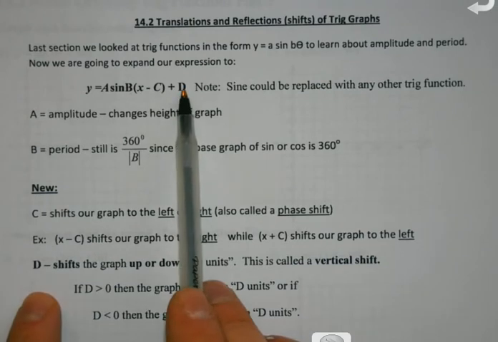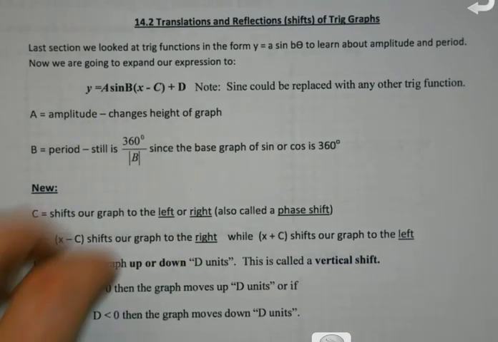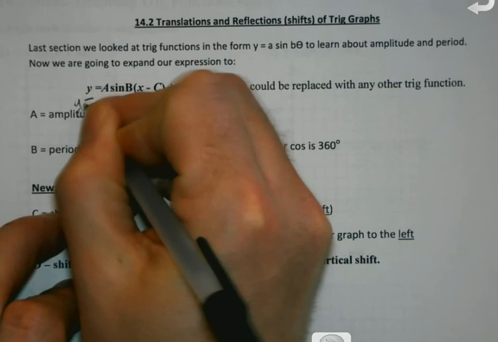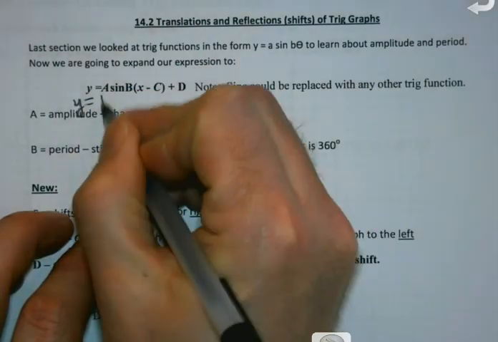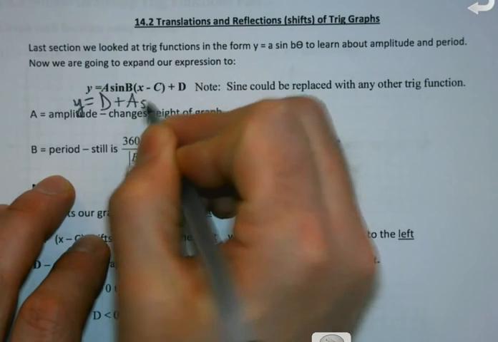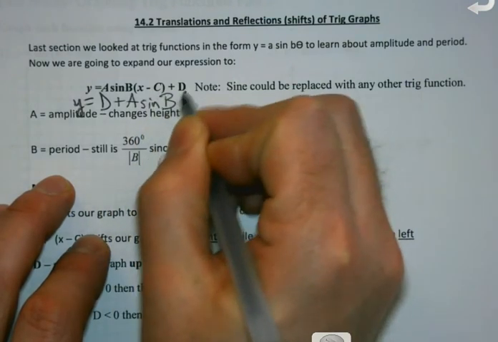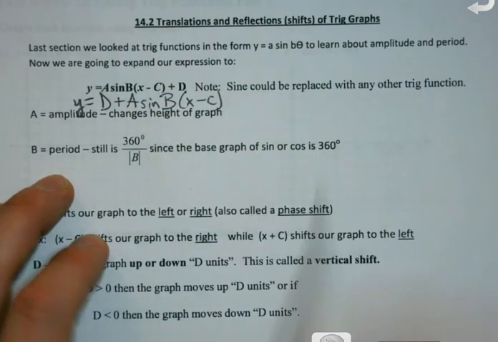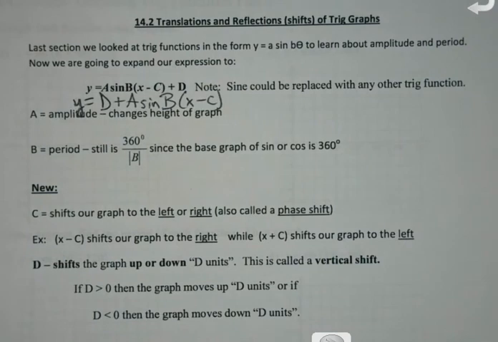And also, as a point of fact, we're going to be shifting around. You could also have it written this way where the D value is in the front.